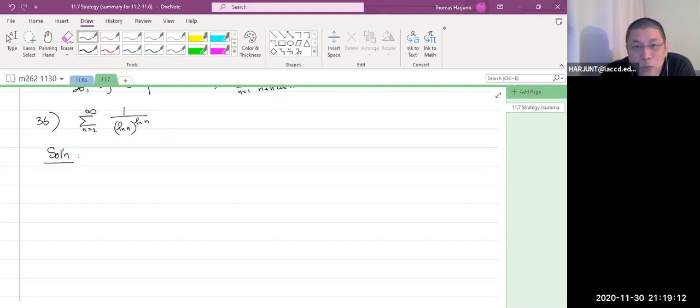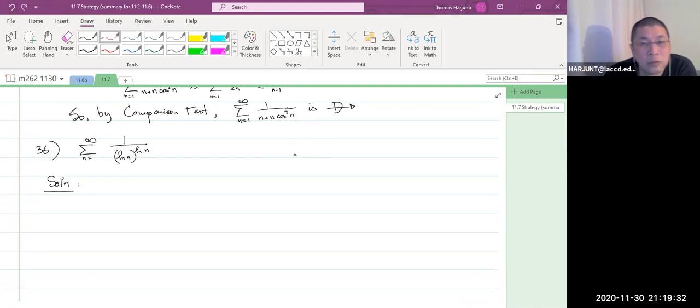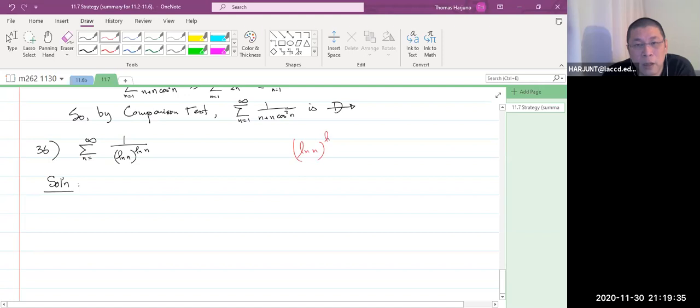What if we compare to 1 over ln n, 1 over n? Using ln n to the power of ln n. Is it less than or equal to n? If that's true, then the following is true. Maybe the other way around, huh?